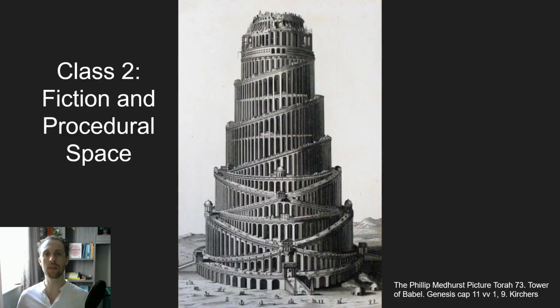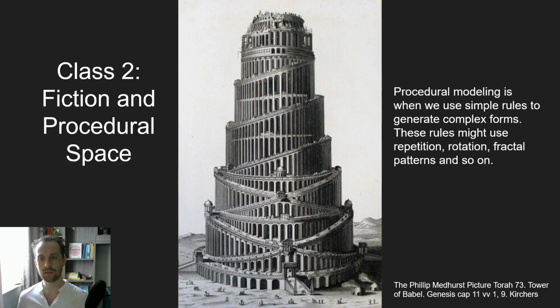Okay, so the topic for the theory lecture this week is fiction and procedural space. So when we say procedural modeling, we're talking about the use of often simple rules to generate very complex forms. These rules might be repetition, rotation, if you want to Google terms like fractal patterns and so on.